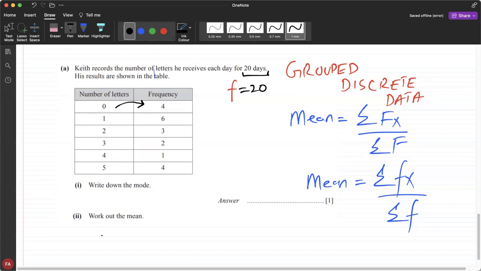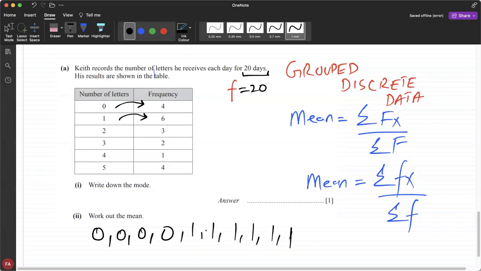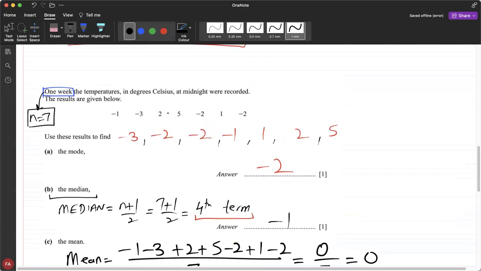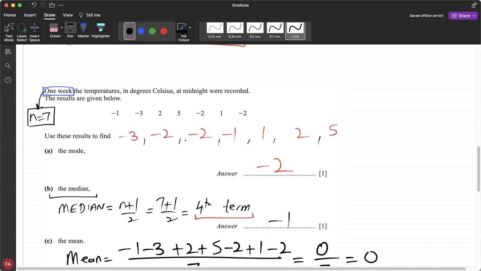So if I were to write this down, that means 1, 2, 3, 4. Then 1 is coming 6 times, 1, 2, 3, 4, 5, 6. And the list goes on and on. Again, it's a huge sequence, because we have a total of 20. So it doesn't make sense to have that as ungrouped. I hope it's clear that whenever it comes to ungrouped, you will be having small data.